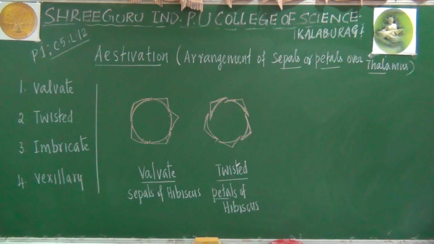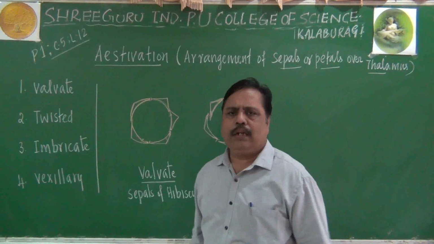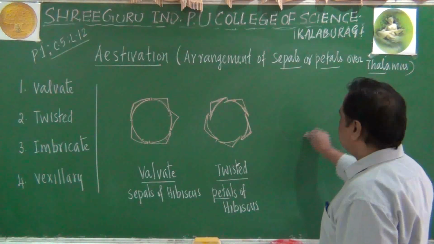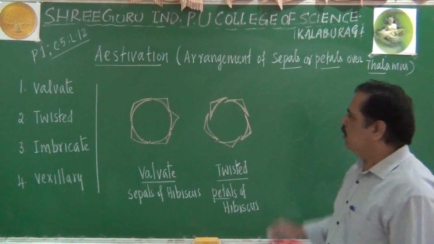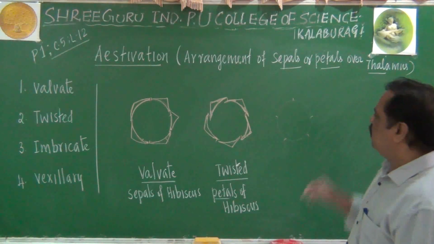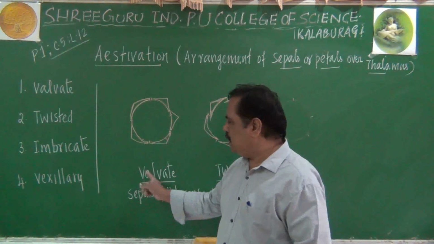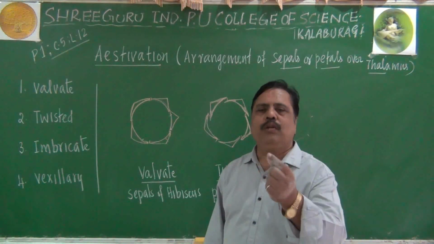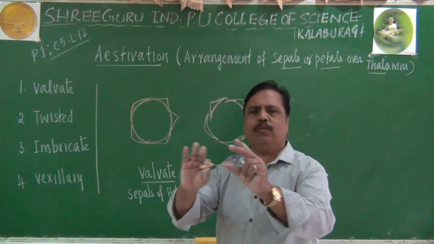The third one is imbricate estivation. Let us see here, very simple. Try to listen. Imagine another thalamus like this. Here also 5 petals are there. They are neither valvate nor twisted, but arranged in some irregular manner, with no particular pattern.